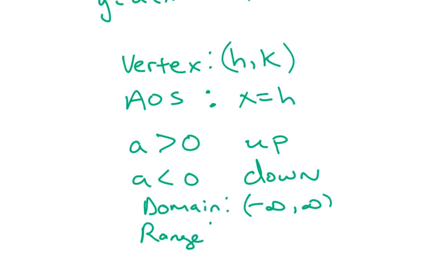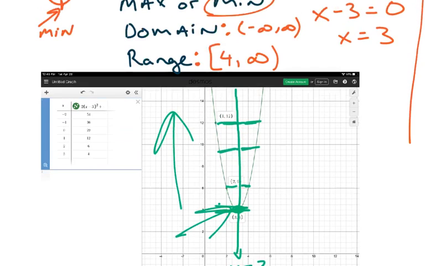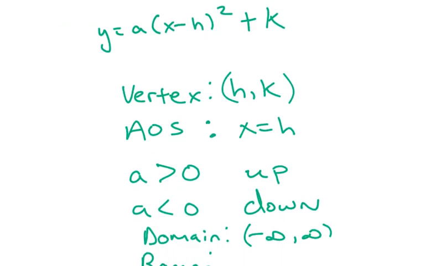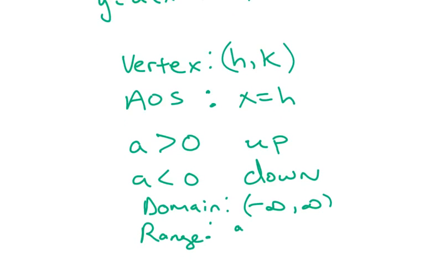be what? Well, we know the range is based off of k, right? And so this is a little tricky, but we have to make some stipulations here. If a is greater than 0, then it's going to be from k to infinity, right?